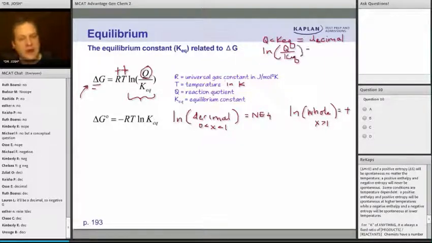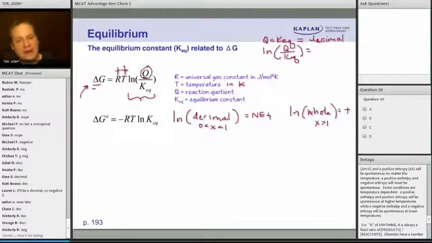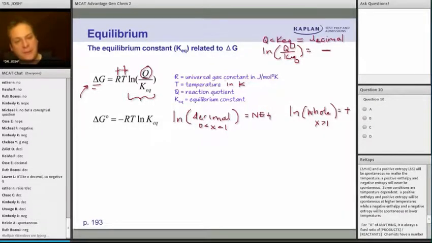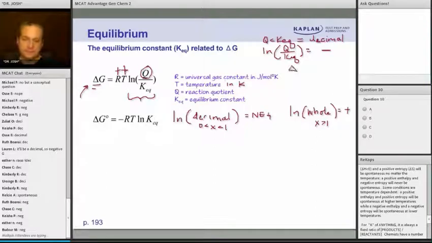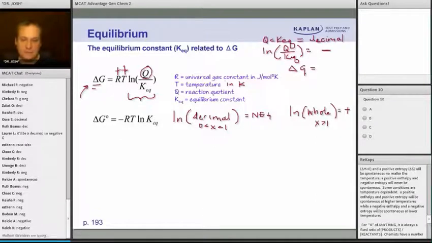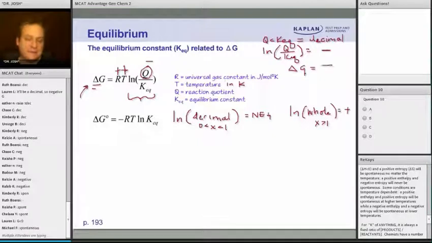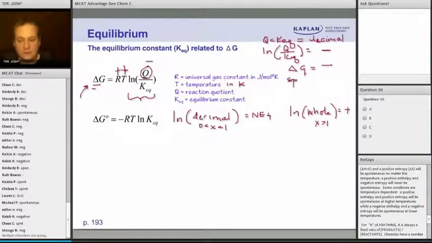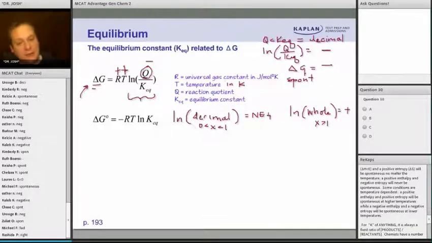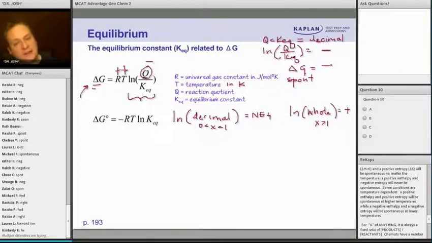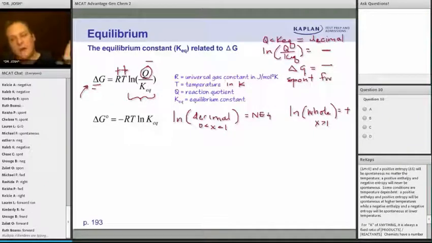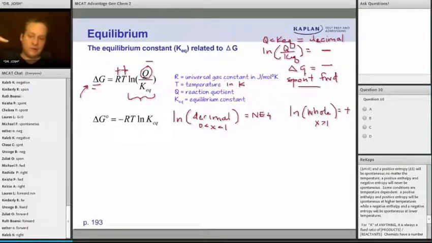So if you take the log of that Q divided by KEQ, should you get a positive or a negative? You get a negative. What does that tell you about your delta G then? If I throw a negative in here, guess what? My delta G is negative, so it's going to be spontaneous. Which direction, again, is it spontaneous with delta G? It's spontaneous moving to the right, moving forward.